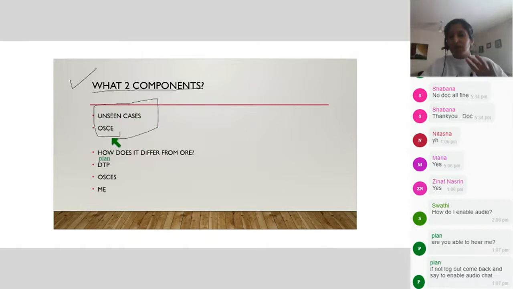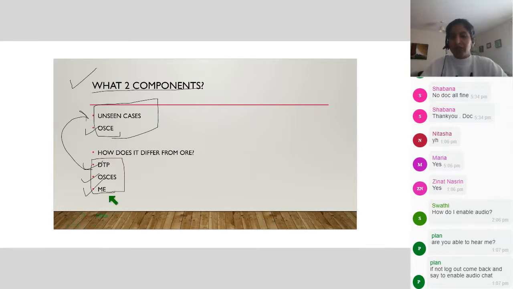Okay, we are not talking about mannequin at all, and ORE will be having three components: DTP, OSCEs, and ME. So you can see OSCE is very similar in ORE and LDS. But the DTP, which is in ORE, full form is Diagnosis and Treatment Planning, is changed to unseen cases in LDS. So it is very similar with a small difference, which I'll explain.